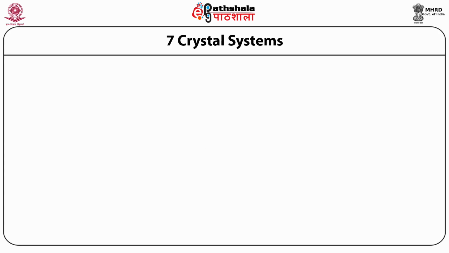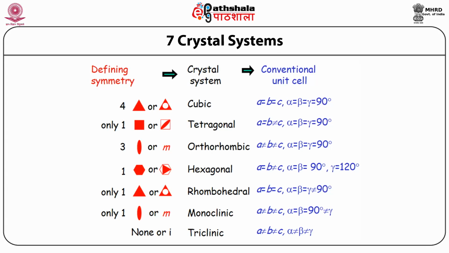For example, the minimum symmetry condition of 7 crystal systems is shown in the figure. According to this, a cubic system has 4 three-fold rotation axes and this forms the minimum requirement.